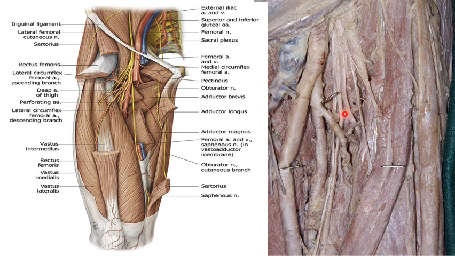This is the ascending, this is the transverse, and this is the descending branches of the lateral circumflex femoral artery. Here you can very clearly see this is the ascending branch going beneath the sartorius, which is cut here.